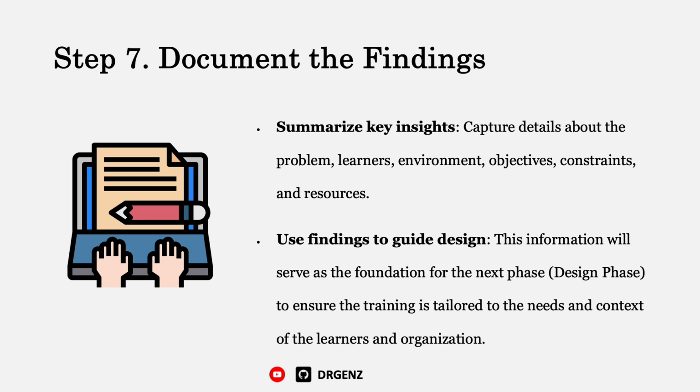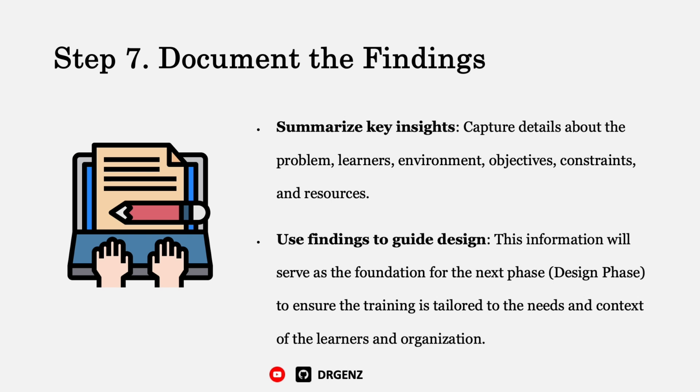Let's look at the problems. Clearly define the performance gap or issue that the training is meant to address. The learners, here you summarize the demographics, the skill levels, and the motivational factors that will influence how the training is designed. The environment, and in the environment you capture information about the learning environment, such as whether it will be in person or online or even a blended learning training.